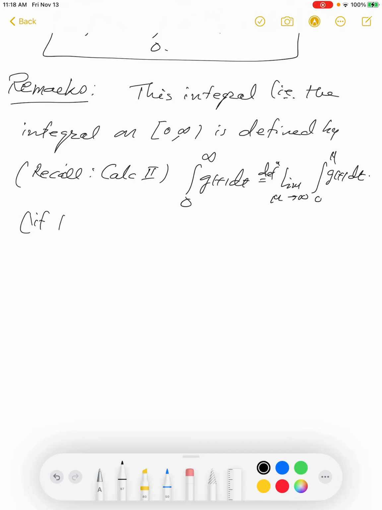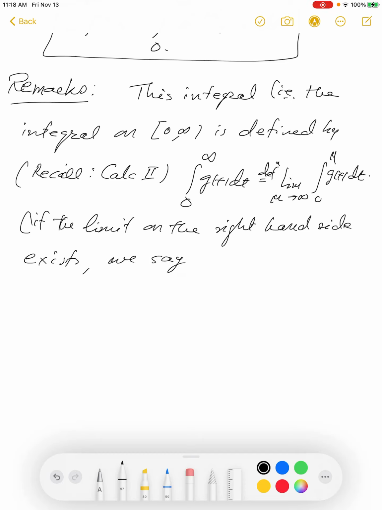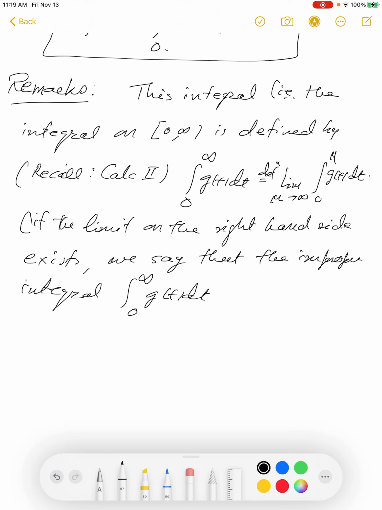So if the limit on the right hand side exists, we say that the improper integral from 0 to infinity of g(t) dt exists, or is convergent, and its value is given by this limit as m tends to infinity.